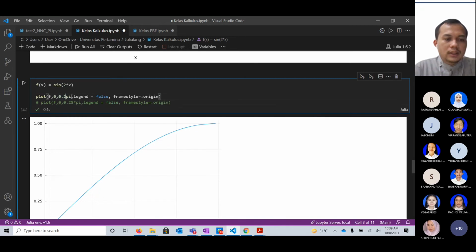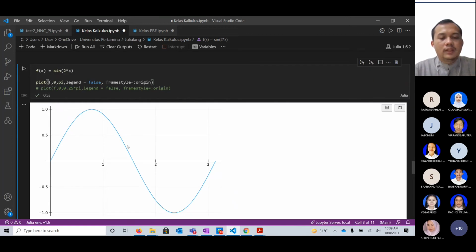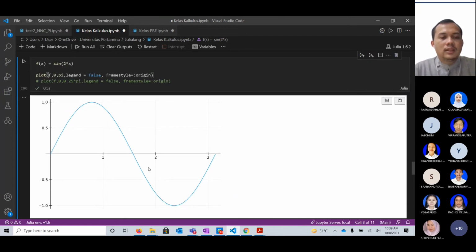Let's plot sine 2x from 0 to pi. In this case, this is not a one-to-one function. Why? Because when we have, for example, x equal to 0, x equal to pi over 2, and x equal to pi, we have the value of sine 2x are the same.